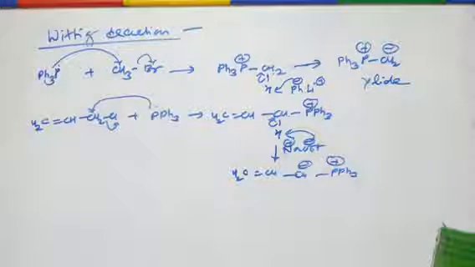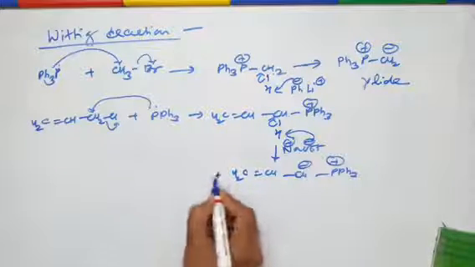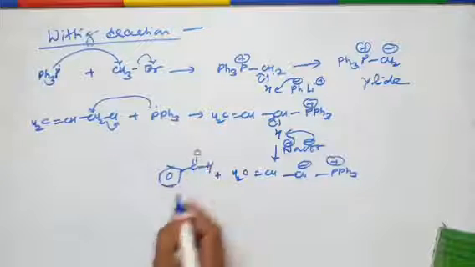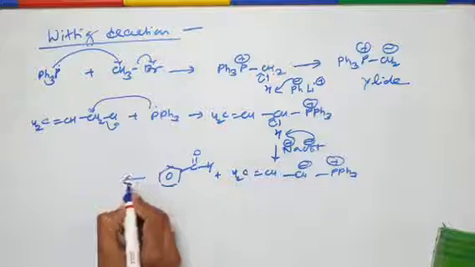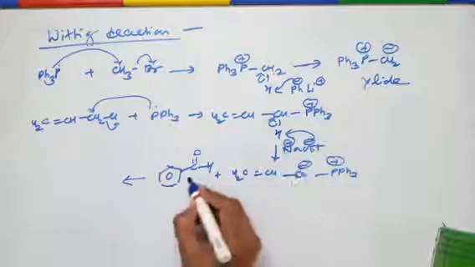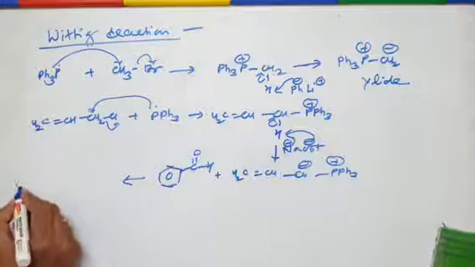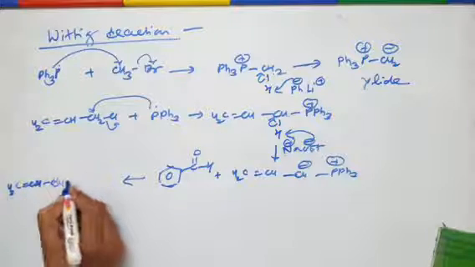Now if you treat this ylide with benzaldehyde, C double bond O H, the addition reaction takes place and this carbanion adds on the carbon and phosphorus forms a bond with the oxygen, so there is a formation of the betaine ring.